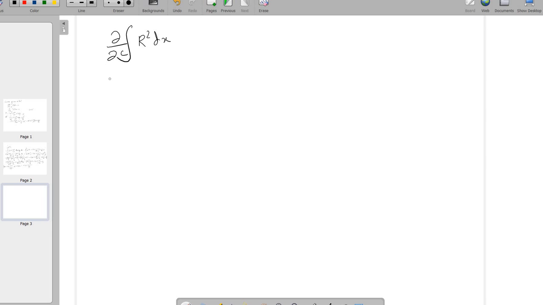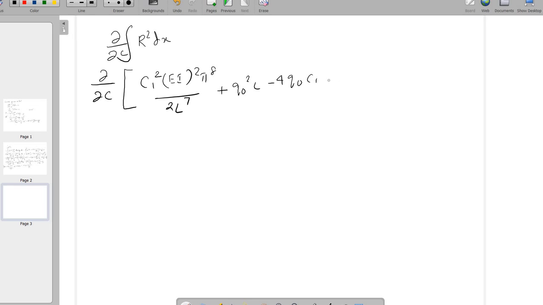So again I am writing dou by dou c of C1 square EI the whole square pi power 8 by 2L power 7 plus q naught square L minus 4 q naught C1 EI pi cube by L cube.